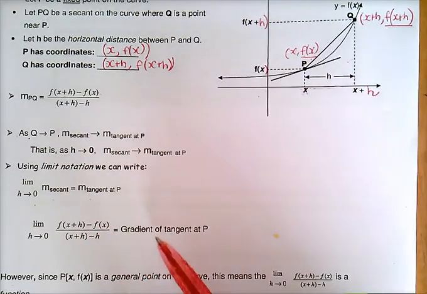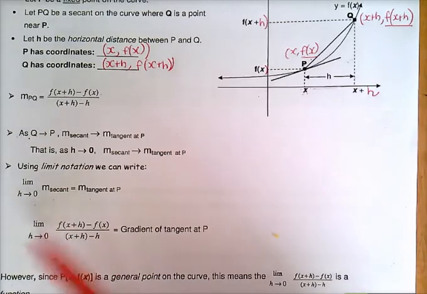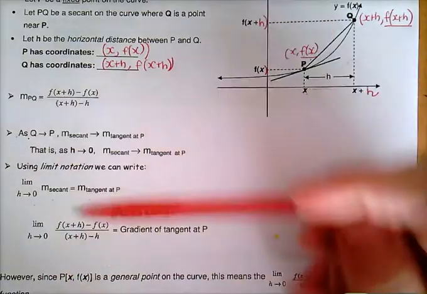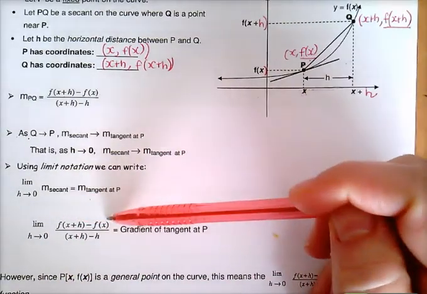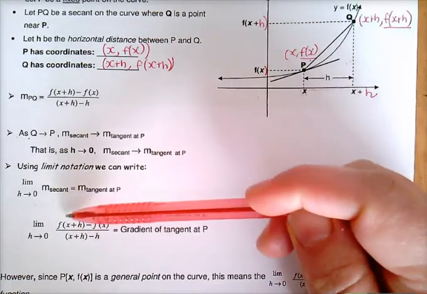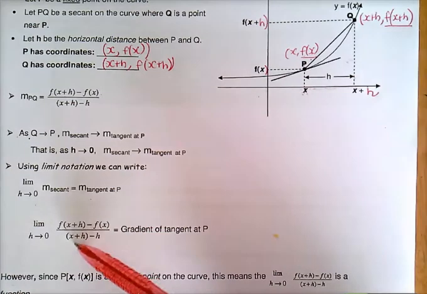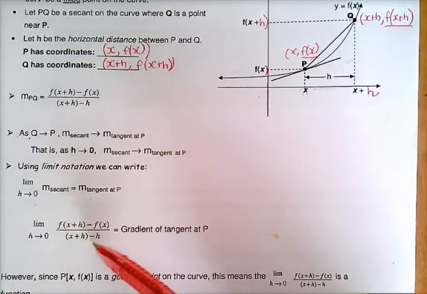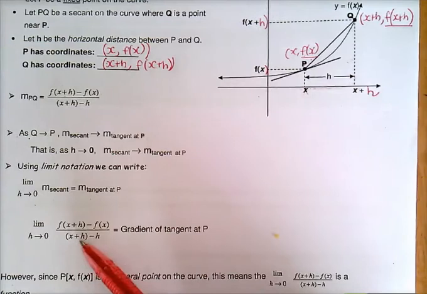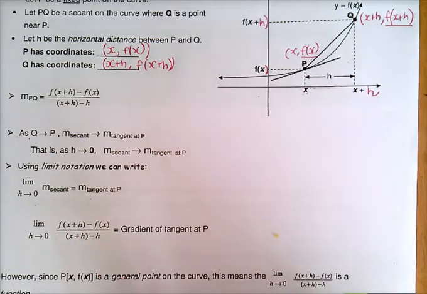And so therefore the gradient of the tangent at P will be the limit as h approaches 0 of y2 minus y1 over x2 minus x1, which is function of x plus h minus function of x, over x2 minus x1, which is x plus h minus x. Notice that x plus h minus x will actually equal h, okay?